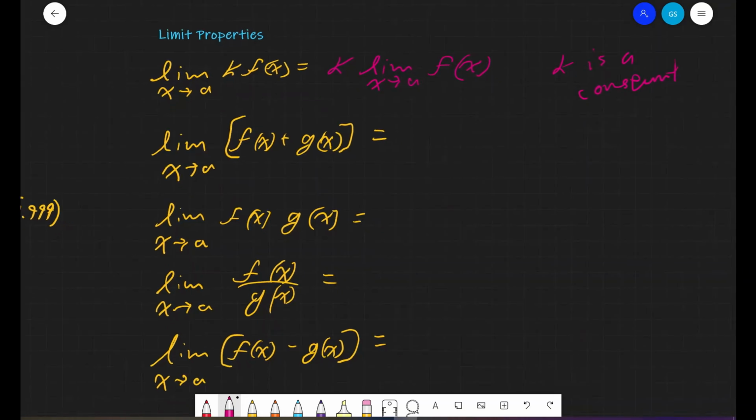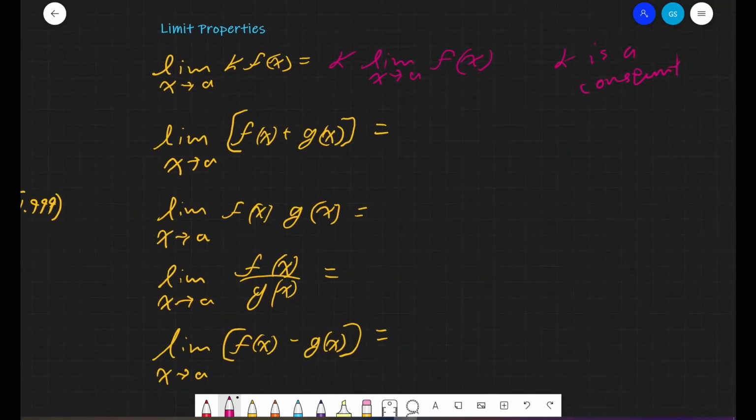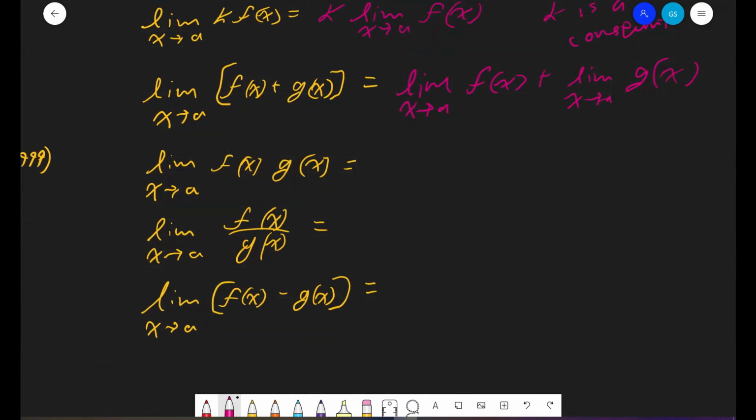The other one we have is the limit as x approaches a of f of x added to g of x. What you would do is just take the limit of each one and then add them, the limit of f of x plus the limit of g of x. You're going to notice a trend with all of these, where you're just taking the limit first and then following with the operation.